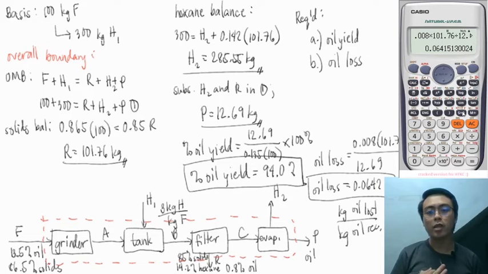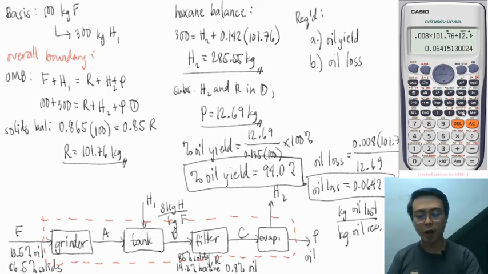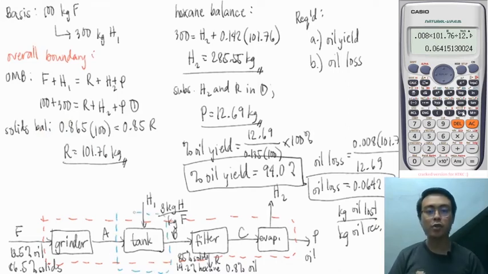If I were to ask for the composition of B, your next step would be to set up your boundary around the tank itself, section off the tank as your new boundary, and then perform all of your other calculations such as the overall material balance, component balance, and so on, until you find the composition of the effluent. Okay, so that is how we perform such calculations.